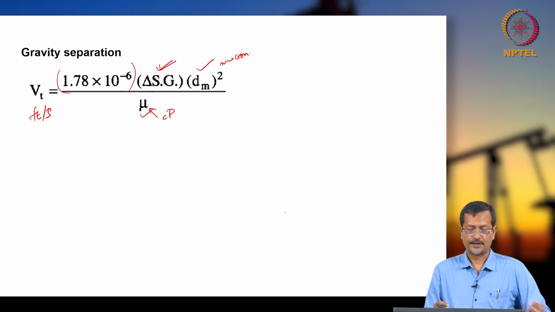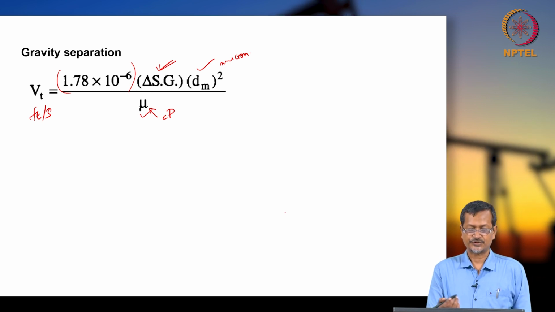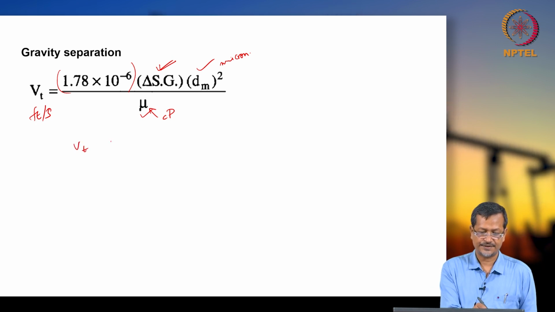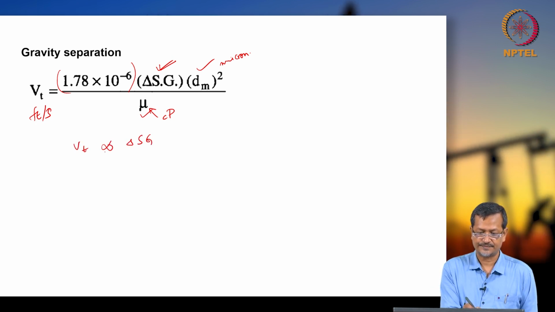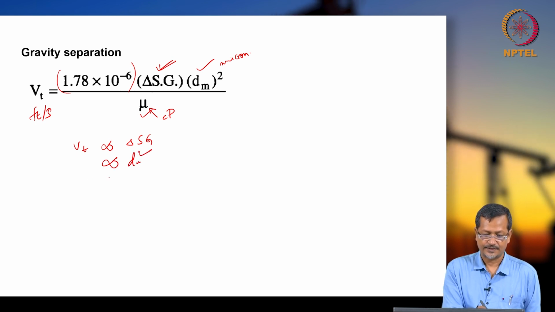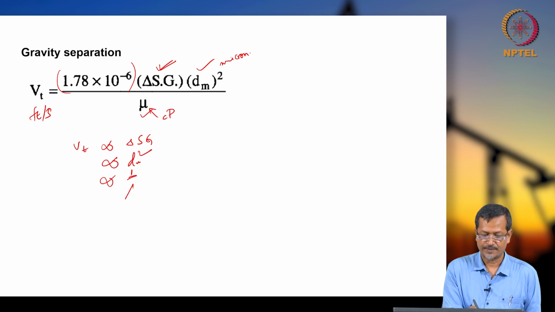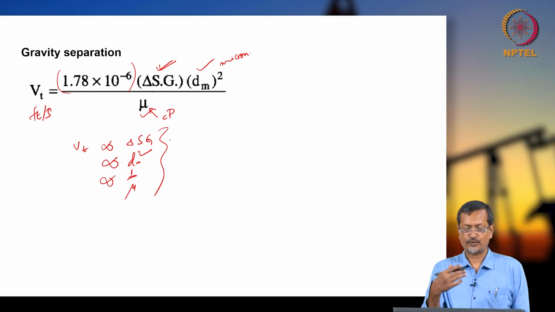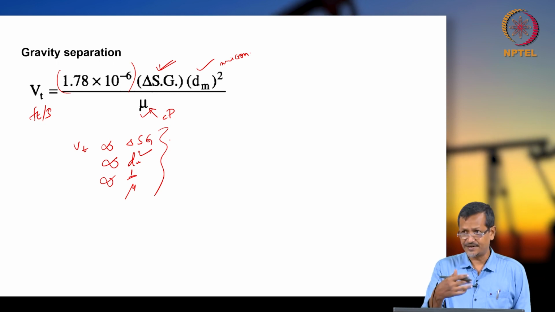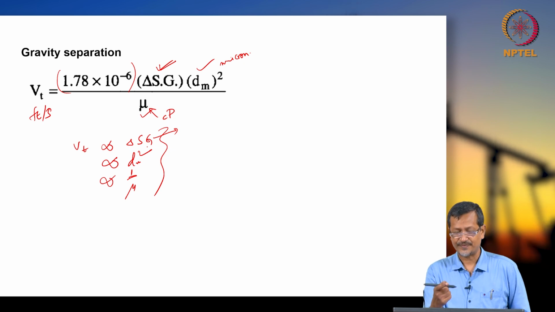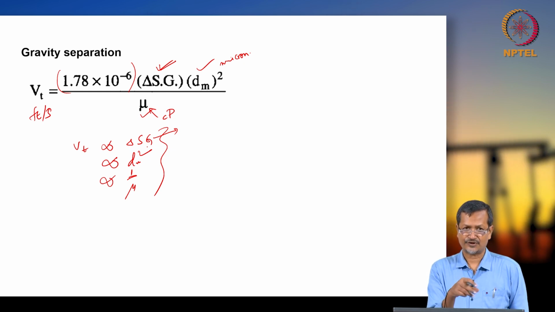The exponents are the same as before: Vt is proportional to del SG, proportional to dm squared, proportional to 1 by mu. Now if you want quicker settlement, meaning higher Vt, you have to change del SG, which depends on temperature.